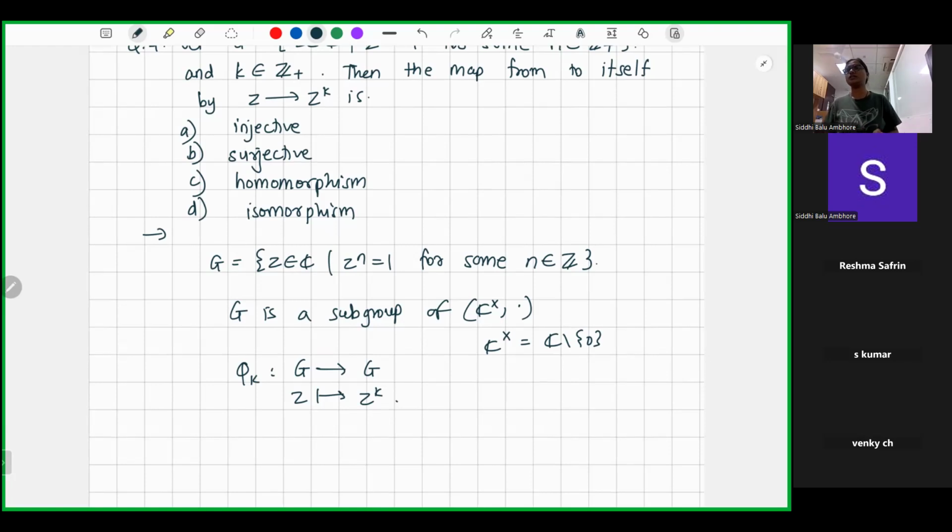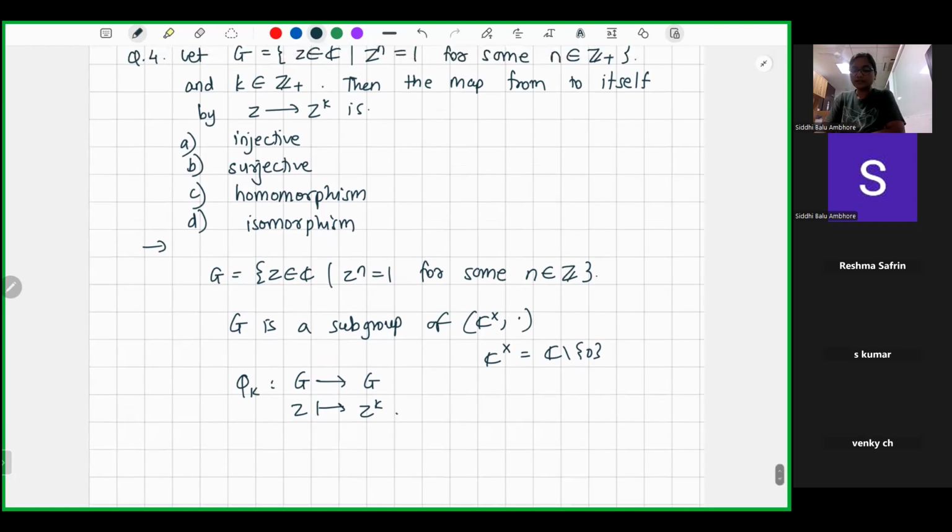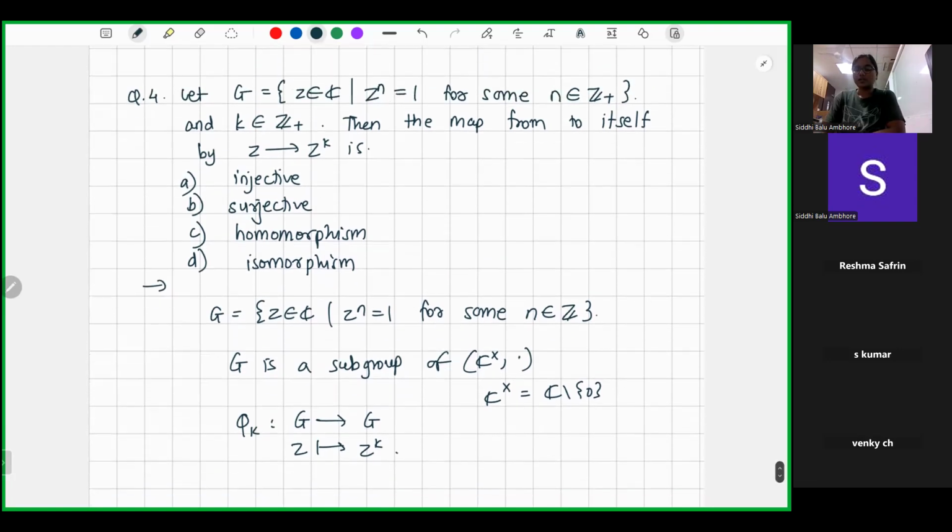Any guesses? First of all, can this be an isomorphism for any k? Injective, forget about isomorphism. Whether this map can be injective for any given k or not.